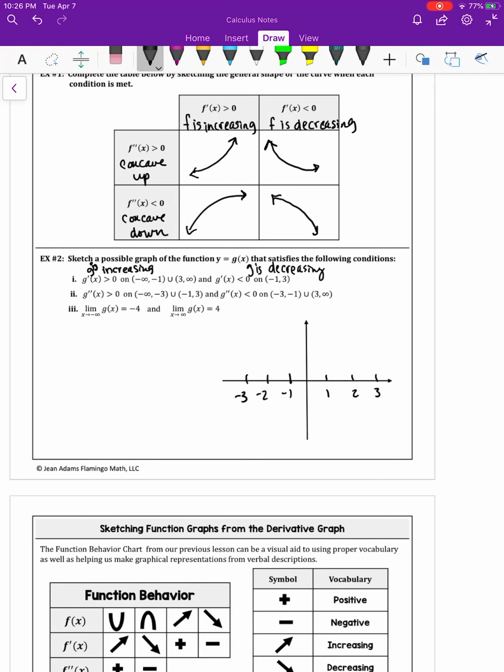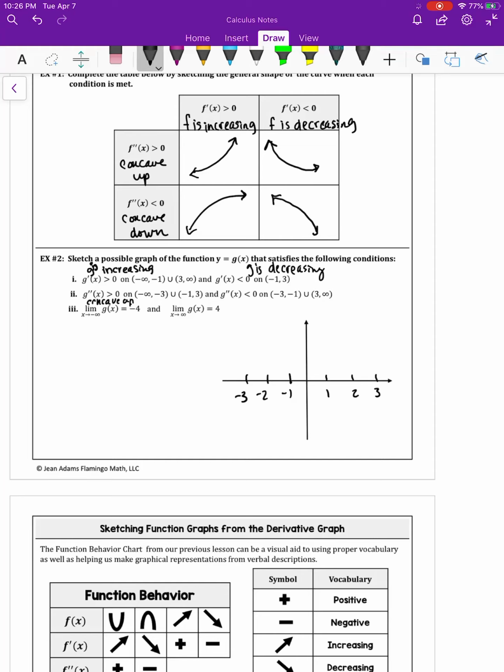So I can imagine what's happening, but I need to read a few more things before I can actually sketch a graph. Now, the second condition. The second derivative is positive from negative infinity to negative 3. That is concave up. So we know concave up from negative infinity to negative 3.